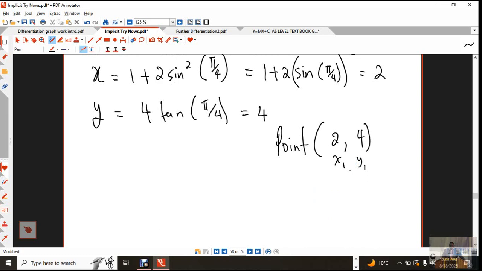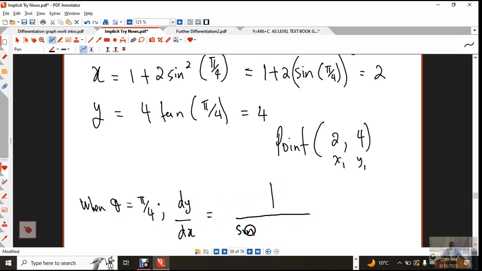So when theta equals pi over 4, dy dx is going to be 1 over sine of pi over 4 times cosine in brackets of pi over 4, all cubed. And see what we get as a result.